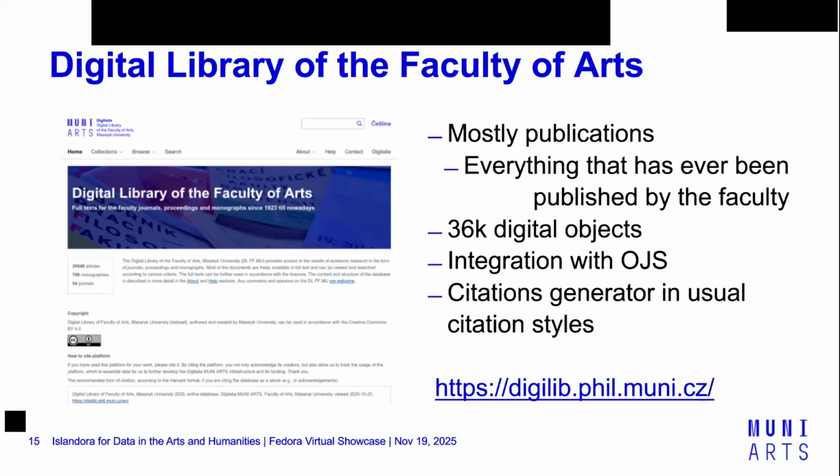So let's take a look at what we've already done or what we've already created. Our biggest Islandora instance is the digital library of the Faculty of Arts. There are mostly publications stored, and it covers everything that has ever been published by the faculty. There are journals, proceedings, monographs. It's over 36,000 digital objects.